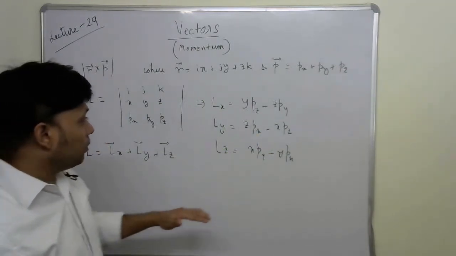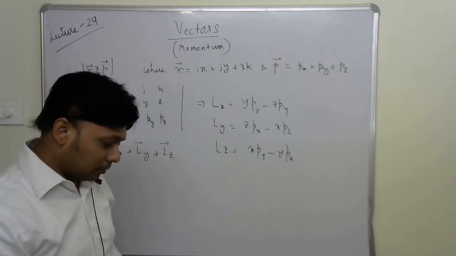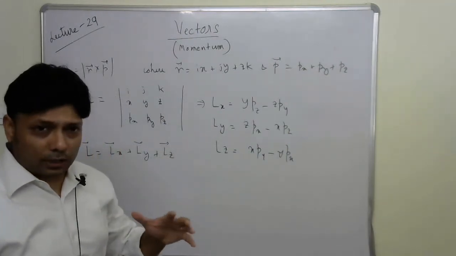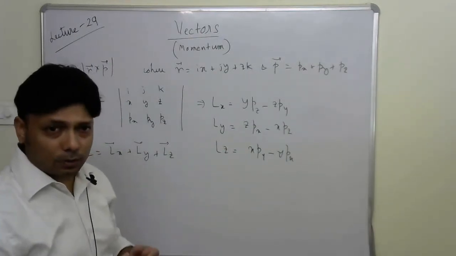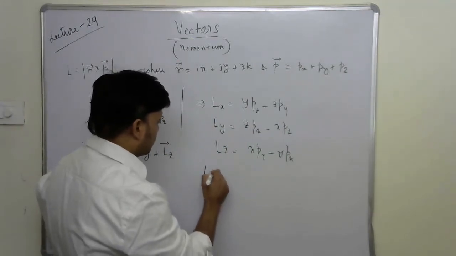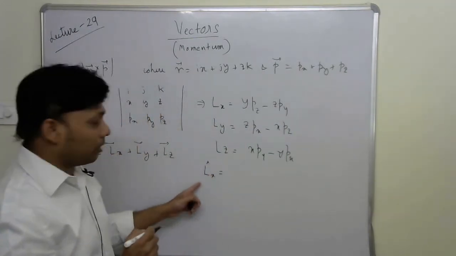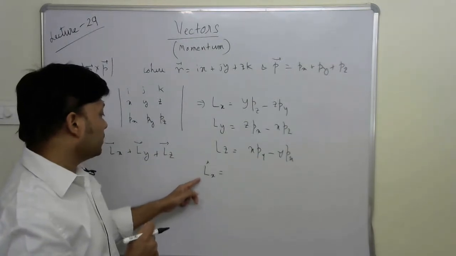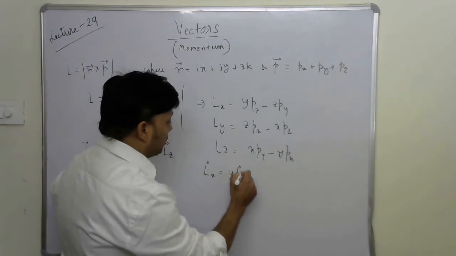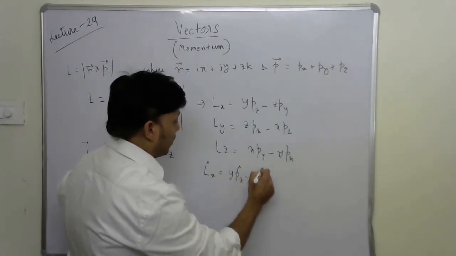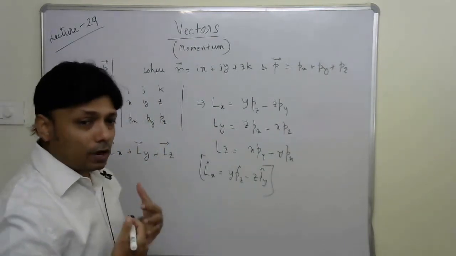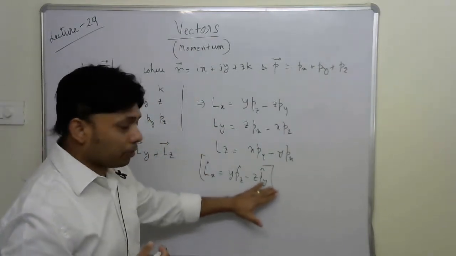If you go back to the postulates of quantum mechanics, where we checked various operators, you probably remember that the operator Lx, the angular momentum along the x direction, was given by the expression y pz minus z py. At that time it appeared a little difficult to see how an Lx operator could be represented like this.